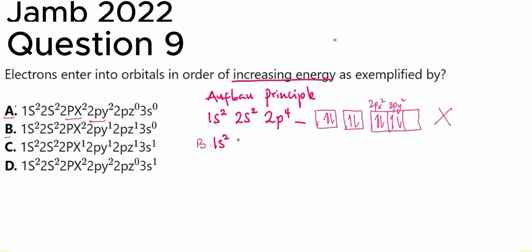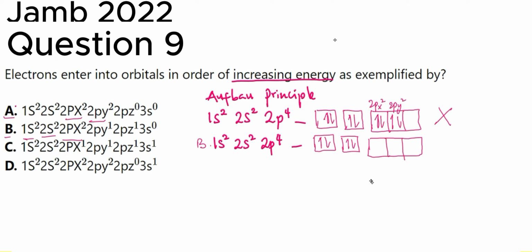Now let's look at the second one. We have 1s2, 2s2, and 2p4 as well. But in this case, you can see 1s2 has 2 electrons in the degenerate of the s orbital, and 2 electrons also in the degenerate of the 2s orbital.